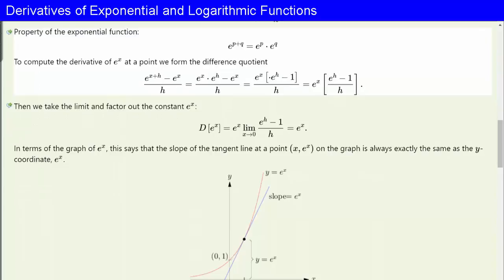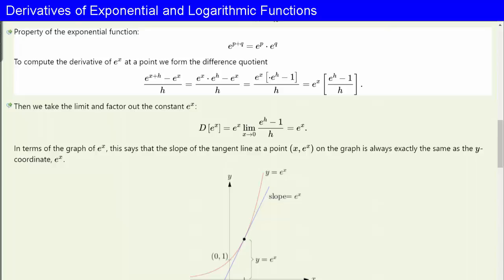It turns out that we can then compute the derivative of this exponential function at any point. This nice result will follow from the property of the exponential function that e to the power p plus q is the product e to the p times e to the q. To compute the derivative of e to the x at a point, we form the difference quotient as usual.